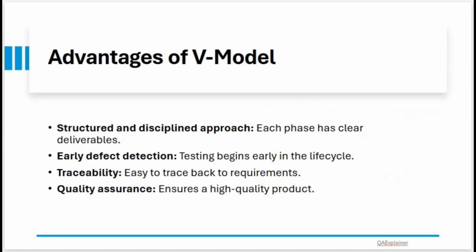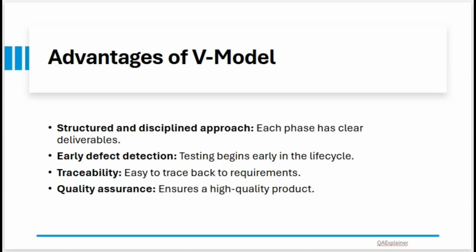There are some advantages of the V&V model. First is a very structured and disciplined approach. Each phase is very clear, and the project is like crystal; everybody can see and get to know the status of the project. Another is early defect detection, as lots of planning is involved and there are so many testing phases, which makes testing very efficient.